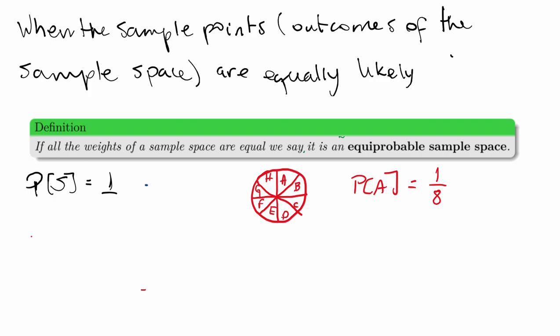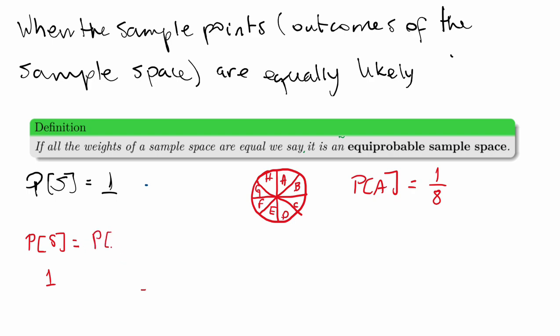Think about this. If I'm doing this experiment, going there and taking one slice, what's the probability of having a pizza? What's the probability of the sample space? It's 1, this is 100%, okay? So the probability of the sample space is 1.